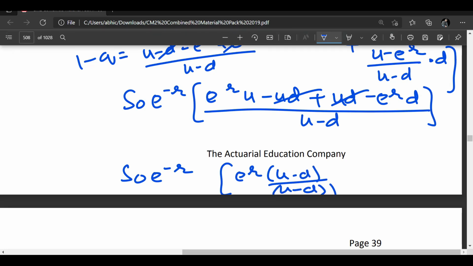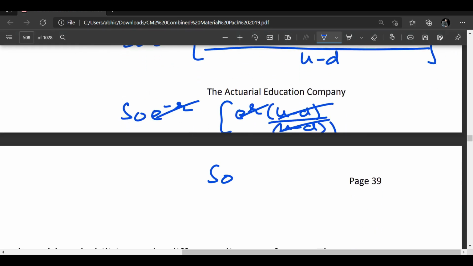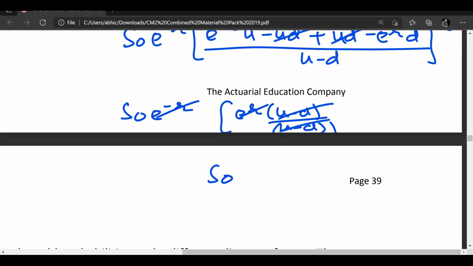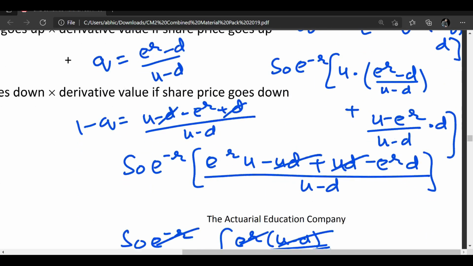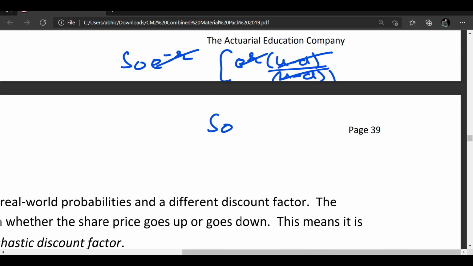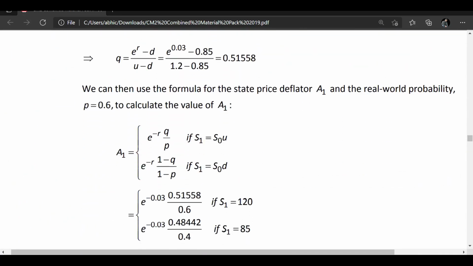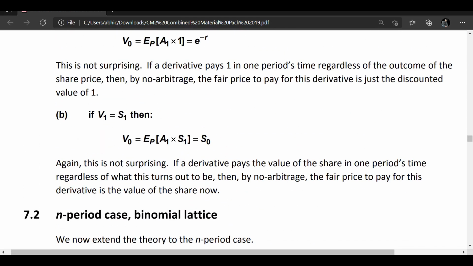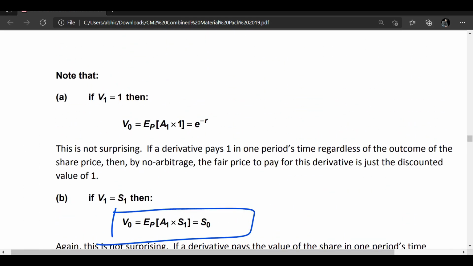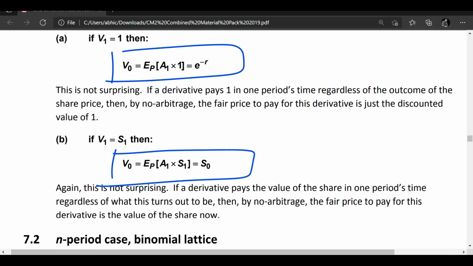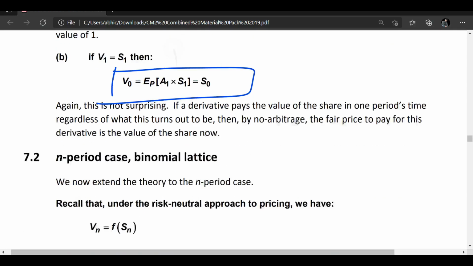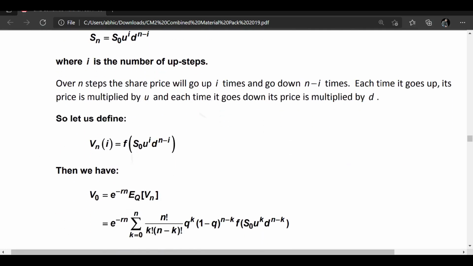Okay, so this cancels out with this, and you get S naught. So if the payoff from the derivative is equal to the share itself, that is S1, then the price of the derivative is equal to the share, which is quite intuitive, right? It's quite obvious. So these two things we have proved, right? If the derivative gives a payoff always of 1 unit, you get the price as e to the power of minus r. If the derivative gives a payoff which is equal to the share price, the price of the derivative is the price of the share.